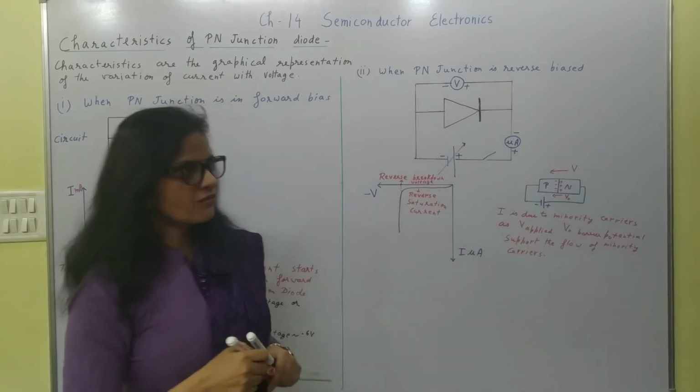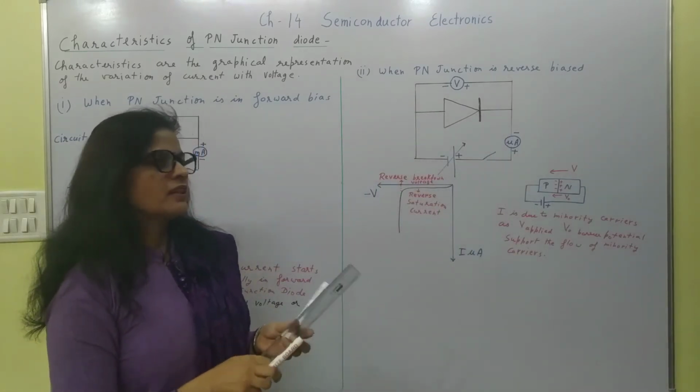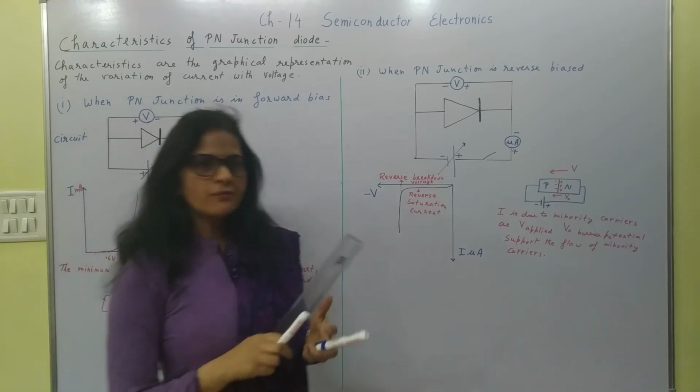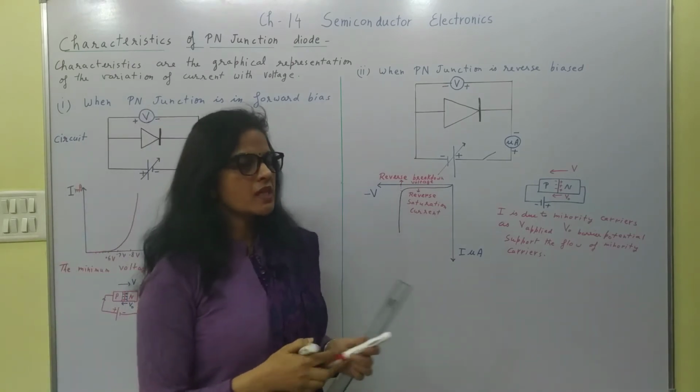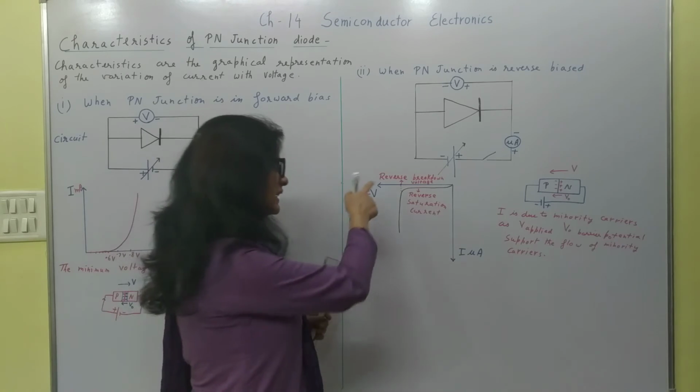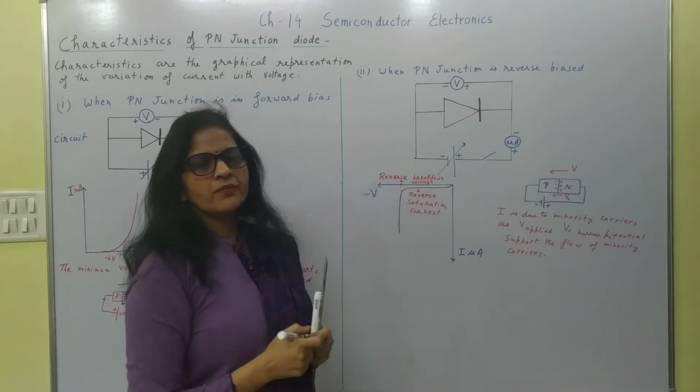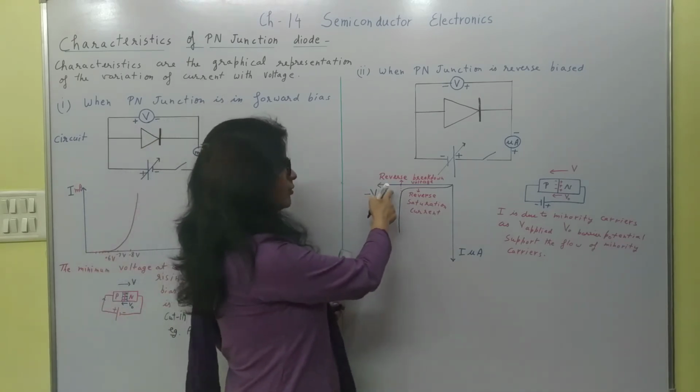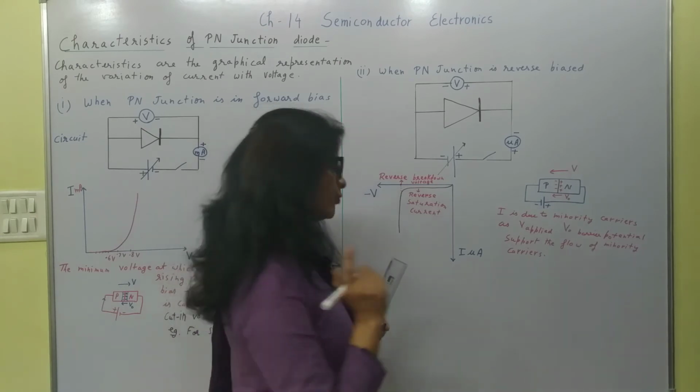Now as the voltage increases, the covalent bonds break and many electron hole pairs are produced, resulting in an infinitely large current at a particular voltage, which is called the reverse breakdown voltage.